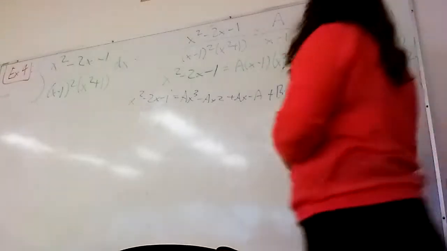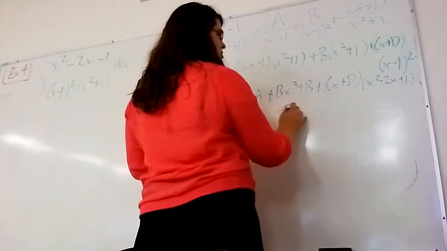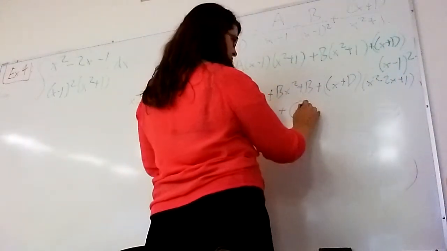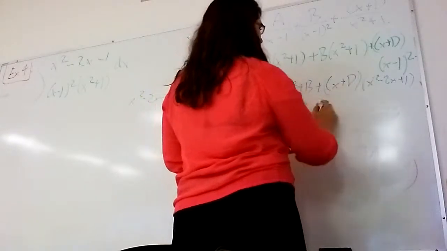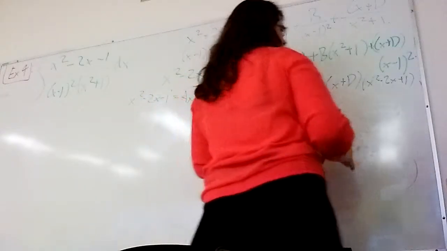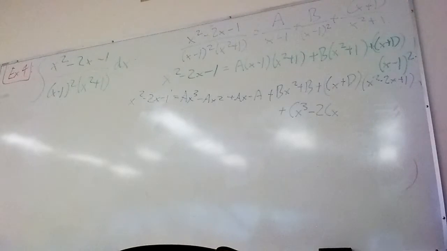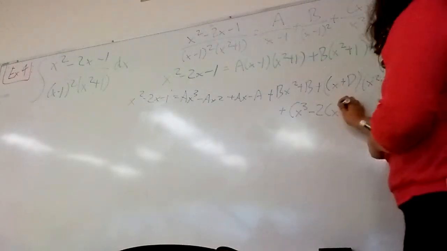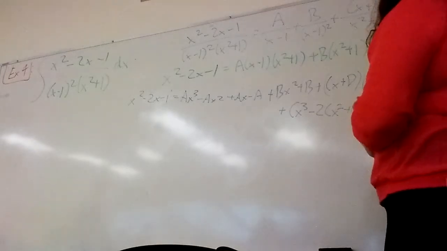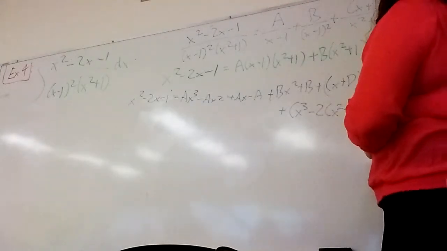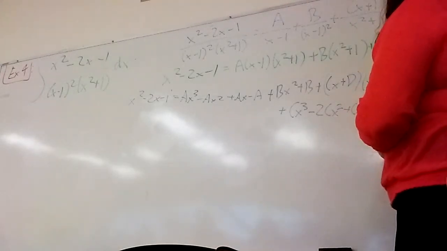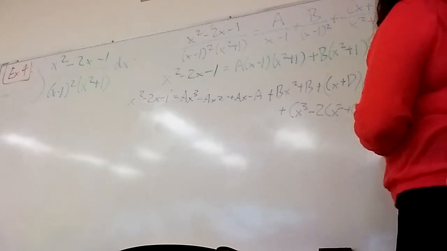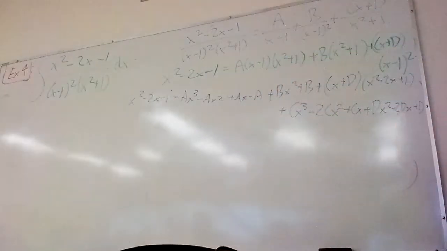So this whole thing on the end will become cx cubed minus 2cx squared plus cx plus dx squared minus 2dx plus d. So you'll notice when I've expanded this, it's gotten really long and annoying.